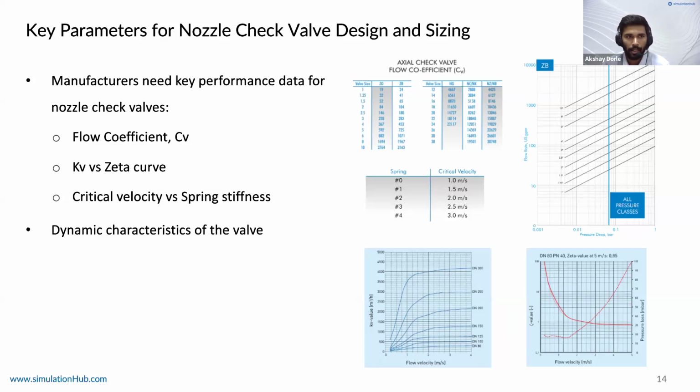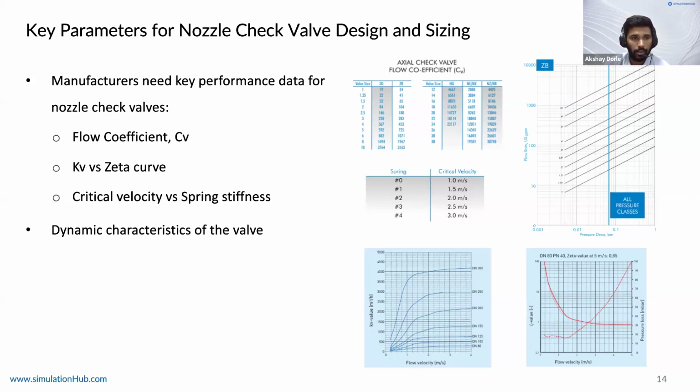Second is the KV versus zeta curve. We saw in previous slides that zeta is the coefficient that quantifies your head losses. In this image, you can see a zeta curve plotted against a pressure drop.